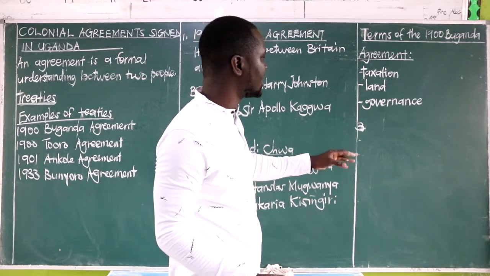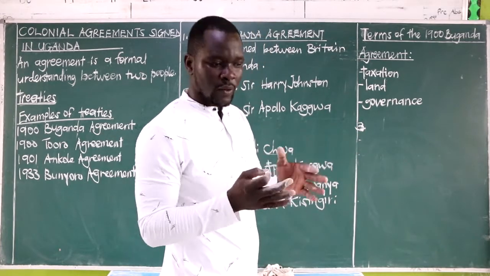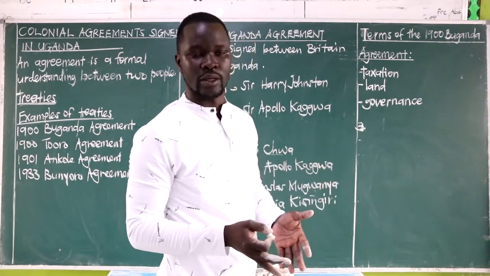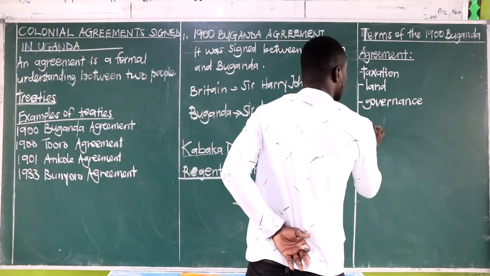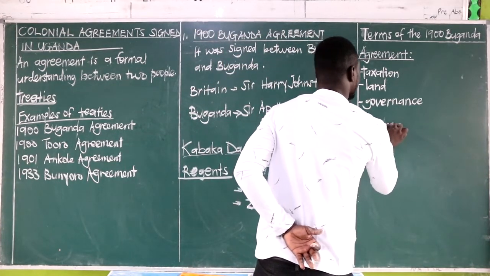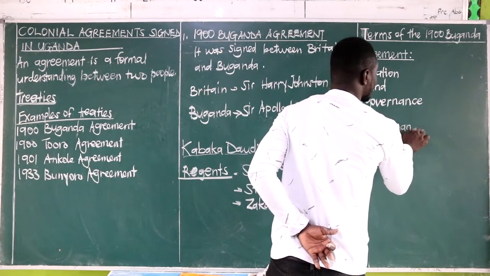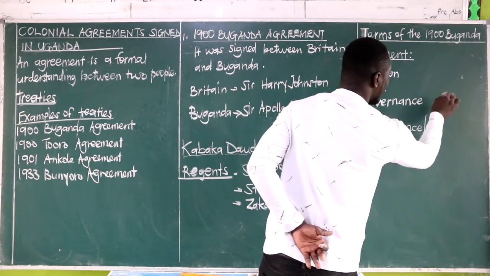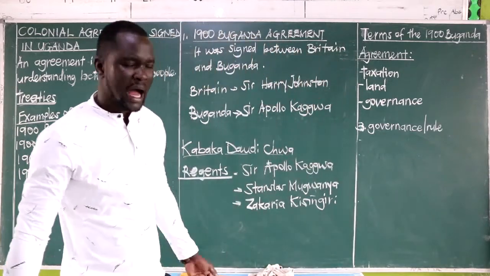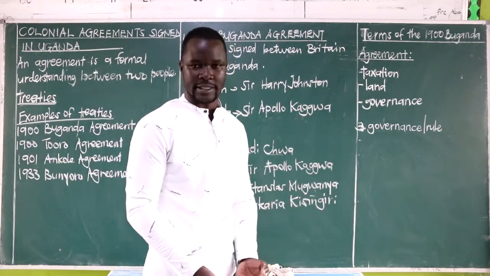No, I'm looking at what they agreed on. Those are the terms of the agreement. So the other one was governance. Now when we talk of governance, we are looking at ruling. How was Uganda ruled?